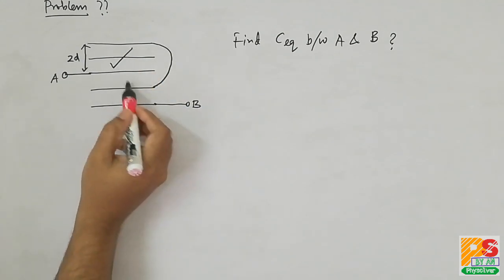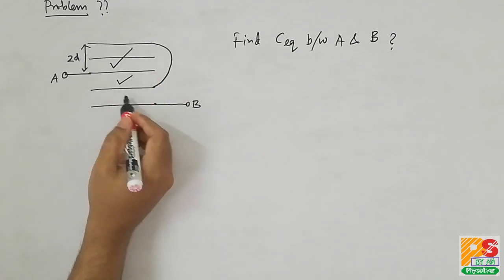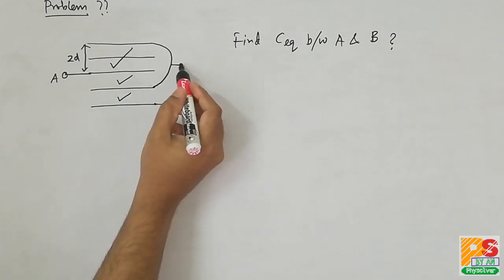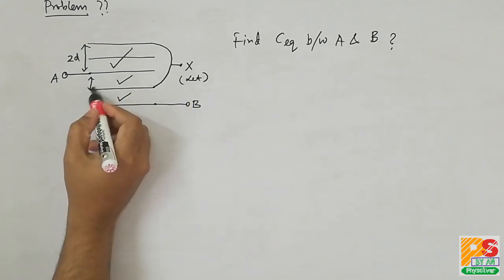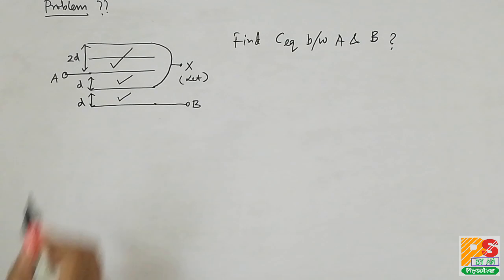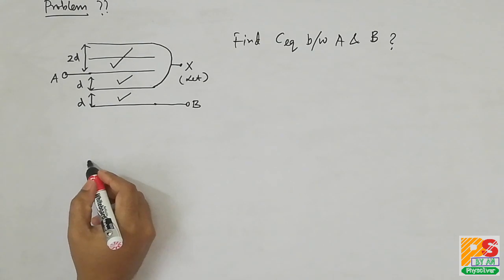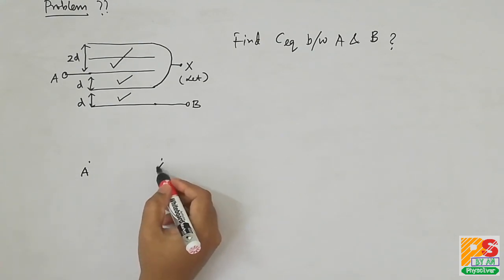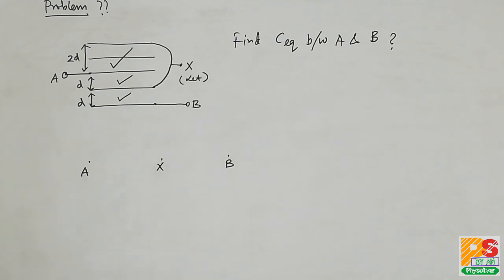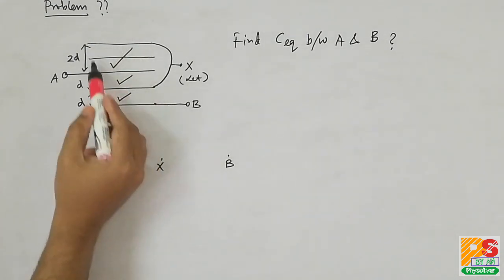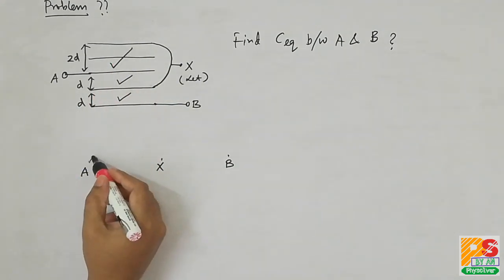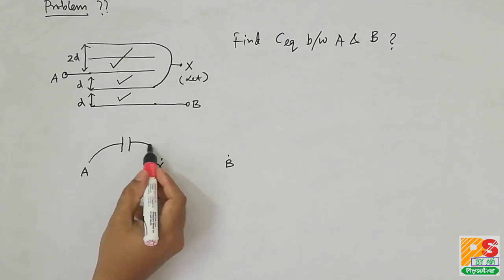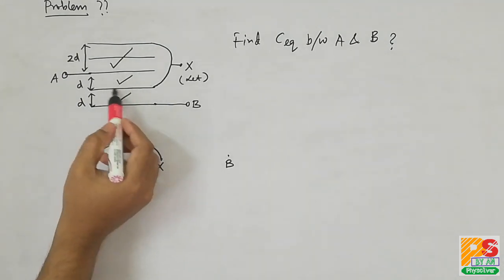Now see, if I name this end as X, then the top gap is a capacitor between X and A of thickness 2D, and the next one is a capacitor of thickness D which is connected between A and X, and the lower gap is a capacitor of thickness D which is connected between X and B. Let us draw the first one, connected between A and X, with a thickness of 2D.